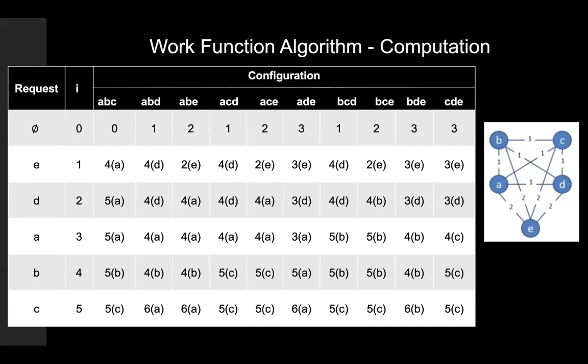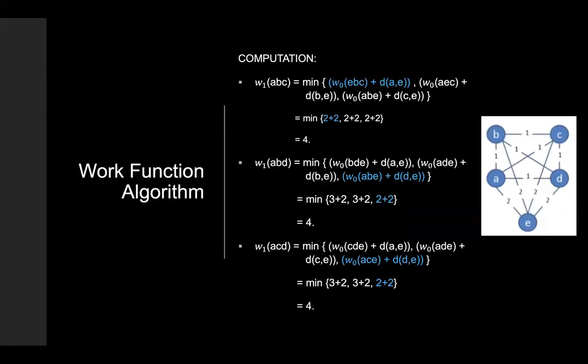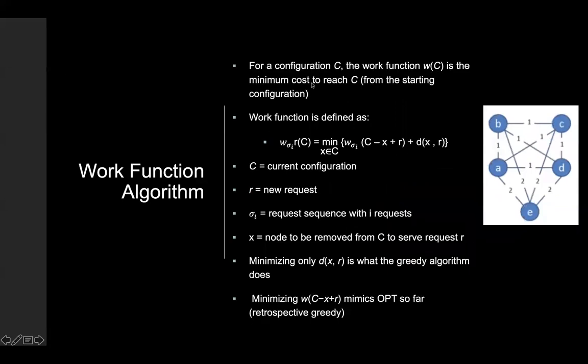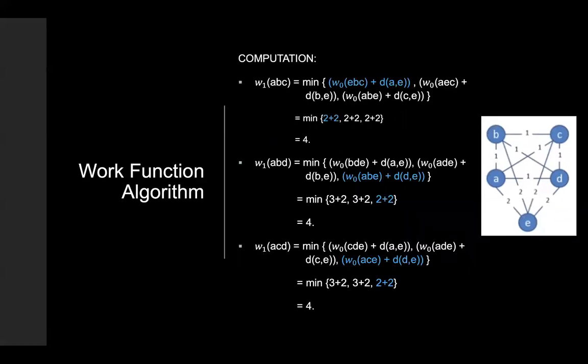Next, W1 of C indicates the work function of configuration C after you have served the first request and ended up in configuration C. Let's look at the computation. W1 of ABC can be computed by using the formula that we have stated before.